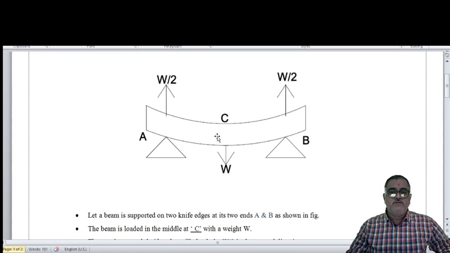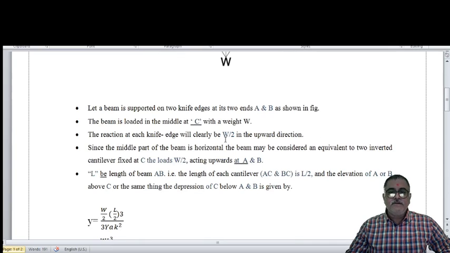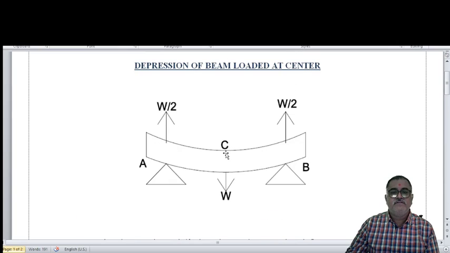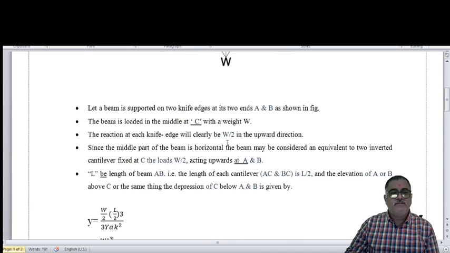See now, if you imagine that this is one inverted cantilever, and this is another one, this acts as two inverted cantilevers which are fixed at C and the loads W by 2 acting upwards at A and B.